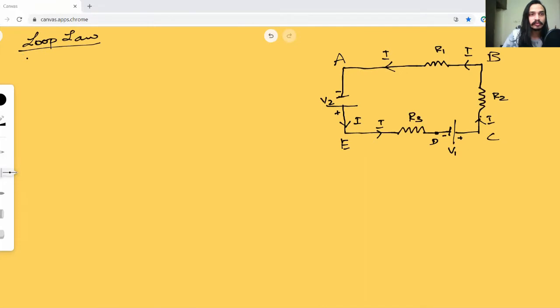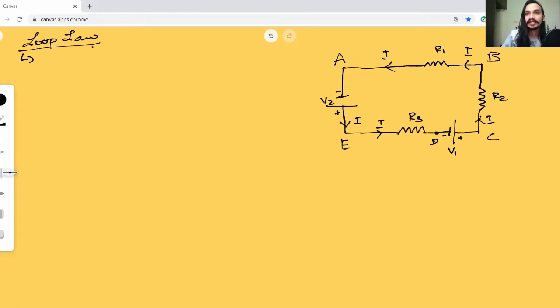What the loop law says is, if you go across a circuit, you will see that there will be multiple components. You have batteries, you have resistors. Each of them works a little differently, obviously, they have different functions.